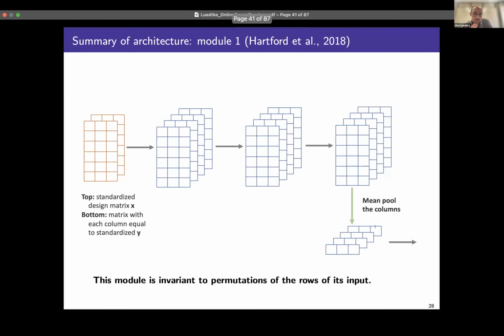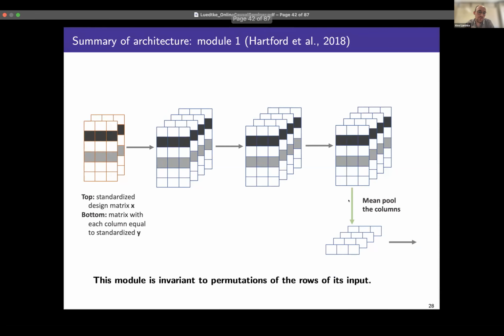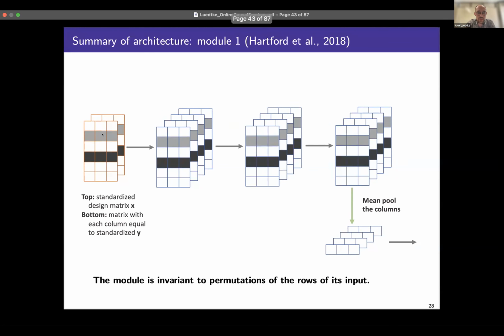So for this first module, we can guarantee, first of all, that it's invariant to permutations of the rows of its input. So if I imagine that in my input, I have 2 rows, the second and fourth that I'm highlighting here, dark gray, light gray, and I can just keep track of those 2 rows in all subsequent layers here. And then imagine that in my input, I just switch those 2 observations. I flip observations 2 and 4. So now I have light gray, dark gray instead of dark gray, light gray. Well, then I ask in each subsequent layer that I flip rows 2 and 4 of every one of the matrices.